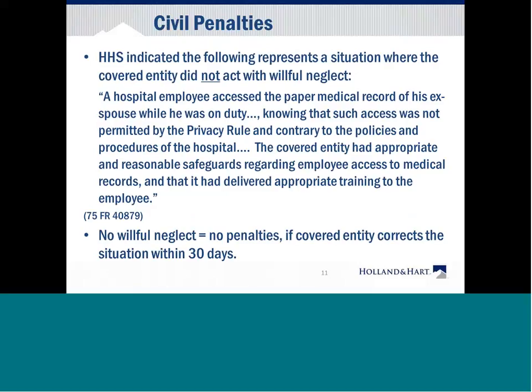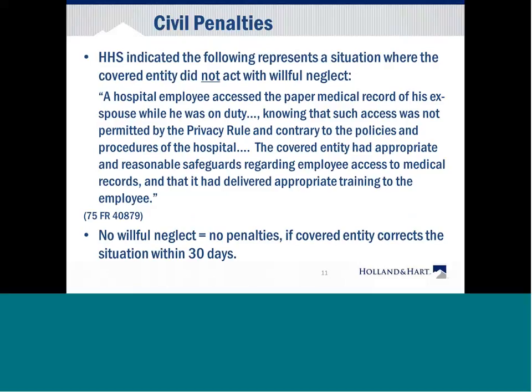For example, HHS gave the following example of a situation where the covered entity did not act with willful neglect. A hospital employee accessed the paper medical record of his ex-spouse while he was on duty, knowing that such access was not permitted by the privacy rule and was contrary to the policies and procedures of the hospital. The covered entity had appropriate and reasonable safeguards regarding employee access to medical records, and it had delivered appropriate training to the employee.